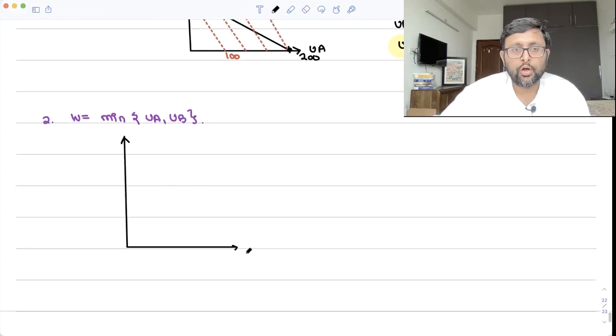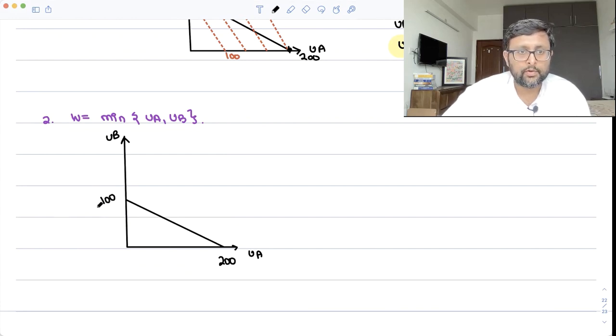So let me just draw the utility possibility frontier first. UA, UB. This is 200. This is 100. This is 200. This is 100. Fair enough.